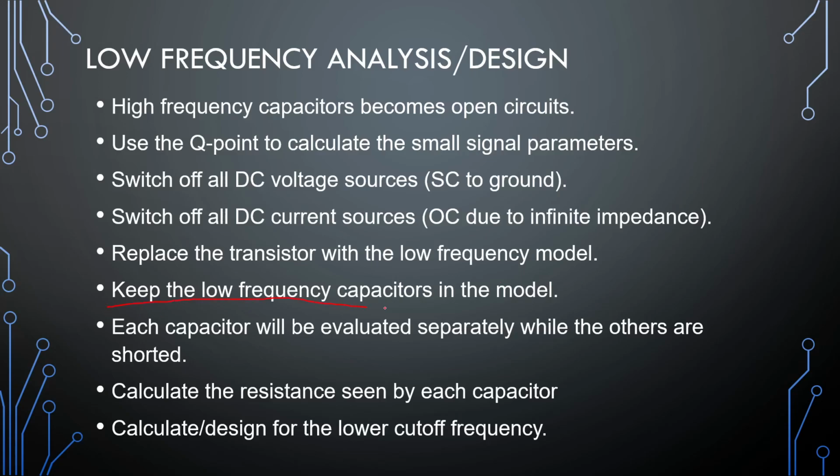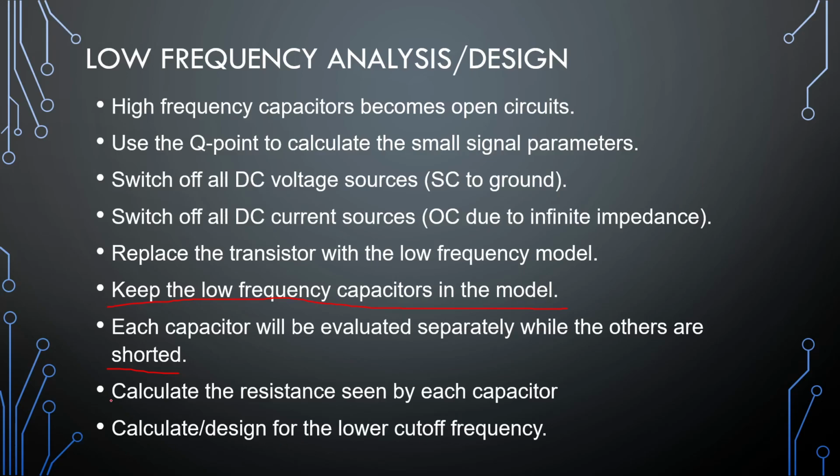Keep all the low frequency capacitors in the model, don't remove them like you did with the small signal analysis of the amplifier. And then we are going to evaluate each capacitor separately and check the resistance seen by each capacitor in series, and then we can either calculate or design for the lower cutoff frequency.